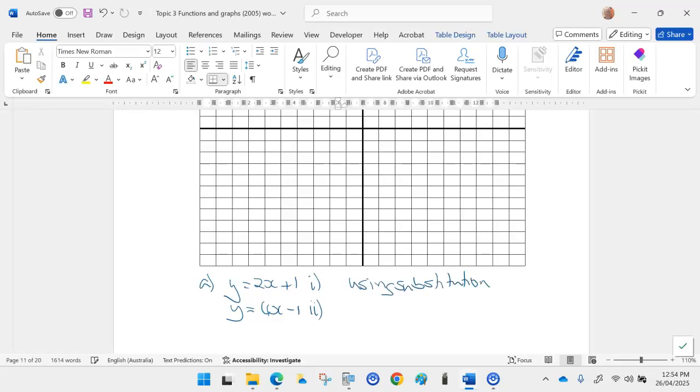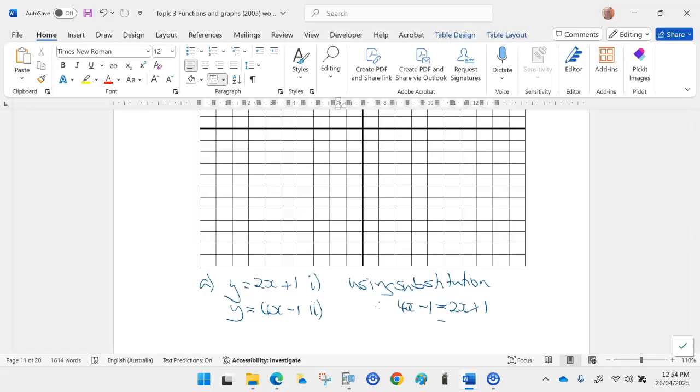Now, 2x plus 1 equals y, and 4x minus 1 equals y. So if they both equal y, they must equal each other. So I'll redraw the first function, but instead of putting y is equal to 2x plus 1, I'll put 4x minus 1 is equal to 2x plus 1.